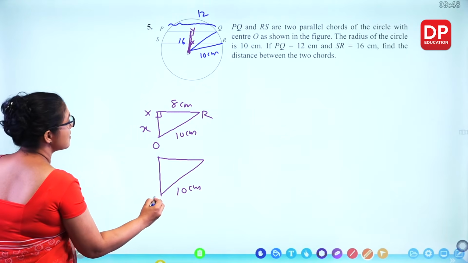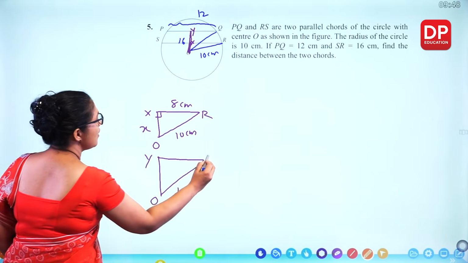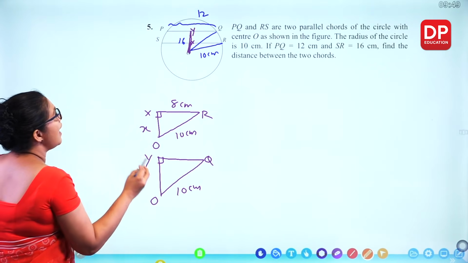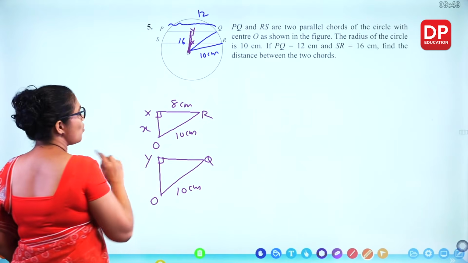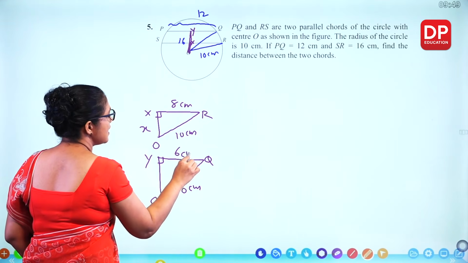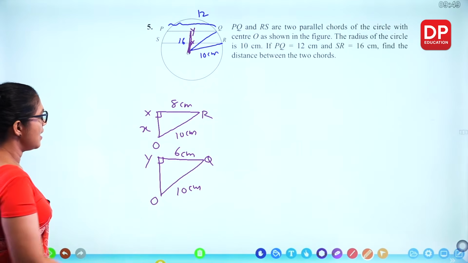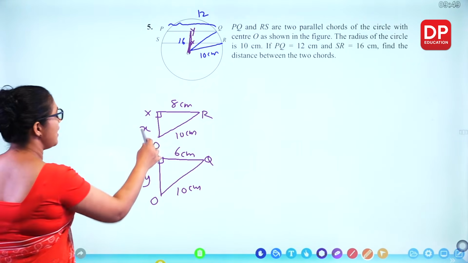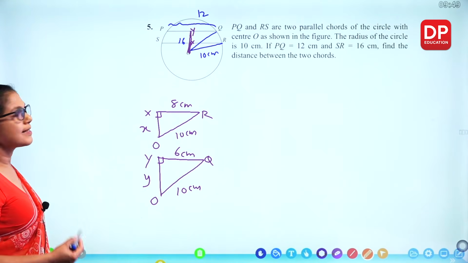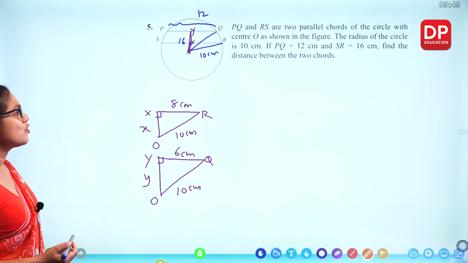That's the OYQ triangle. We know the full length is 12, half of it is 6 centimeters. So we'll put Y here. The difference between these two lengths, Y and X, is the distance between the two chords.